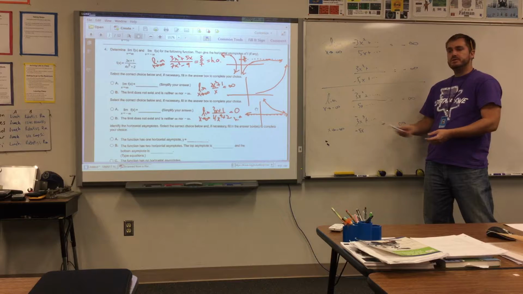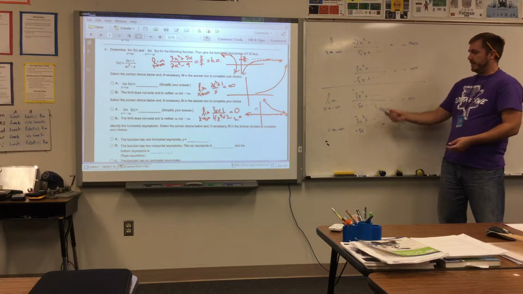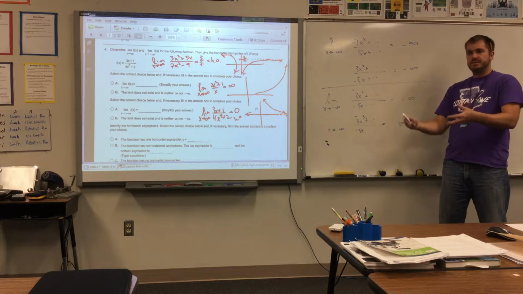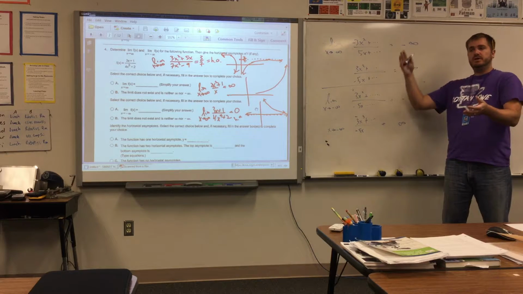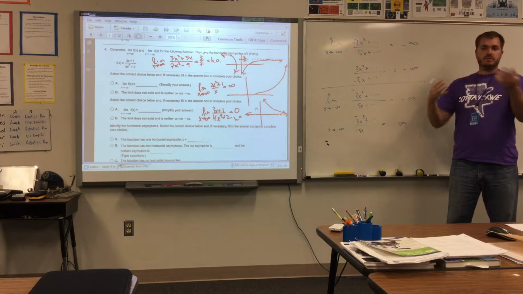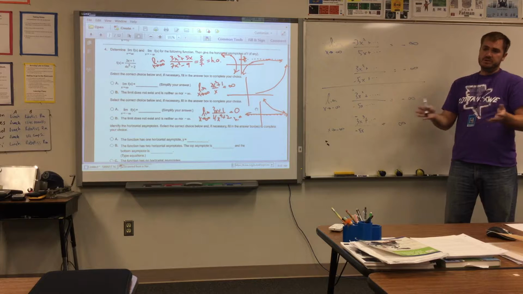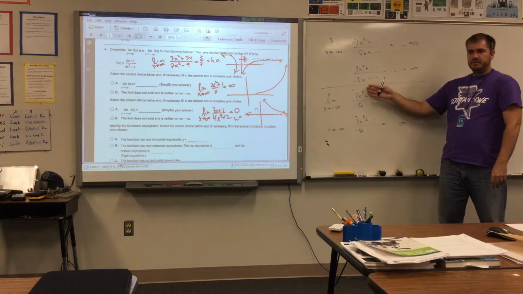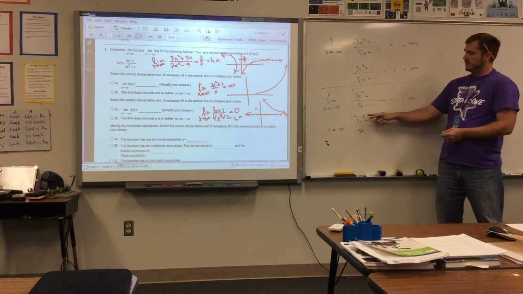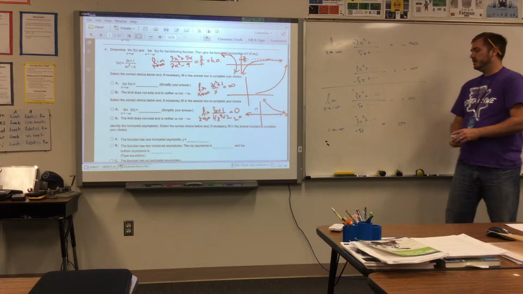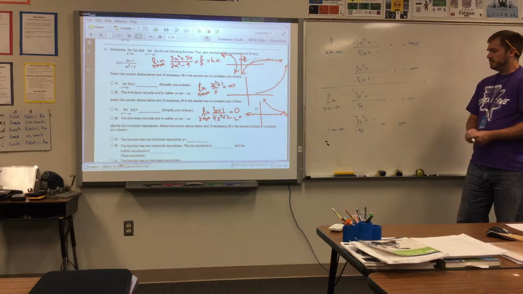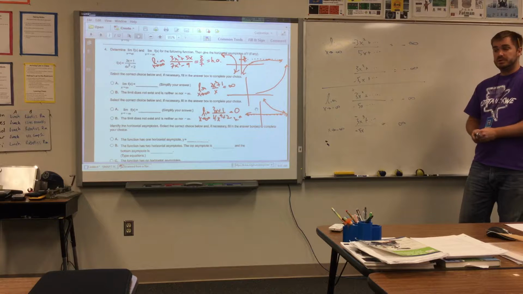Think about the type of numbers that you're plugging in, and remember that if it's squared, negative times a negative is positive. If it's to the fourth, negative, negative, negative, negative, that's also going to be positive. To the sixth, any of those even numbers, negative numbers, they're all going to cancel each other out. But if it's the odd powered exponents, then you end up with a negative number. They don't cancel out.